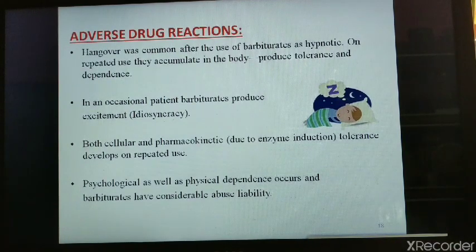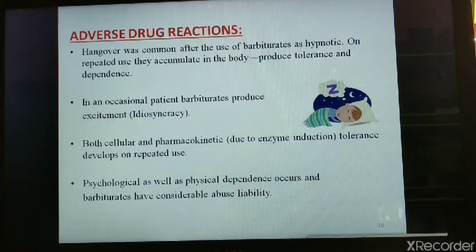Barbiturates are known to cause CNS depression, but in some individuals cause excitement. Hangovers are common in case of barbiturates when used as hypnotics. Repeated use may accumulate in the body and may produce tolerance and dependence, and thus it is an abuse liability drug, because physical dependence as well as psychological dependence occurs.